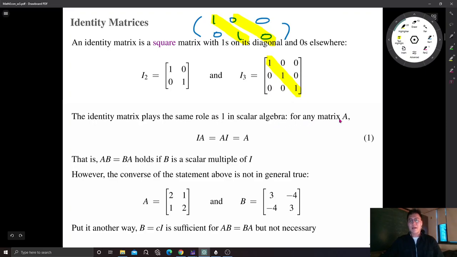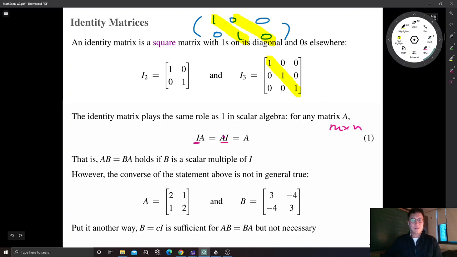So for any matrix, let me say matrix A's dimension is m by n. Then when we pre-multiply by the identity matrix, the dimension of this matrix I should be m by m. In the second case, this matrix I should be an n by n matrix.